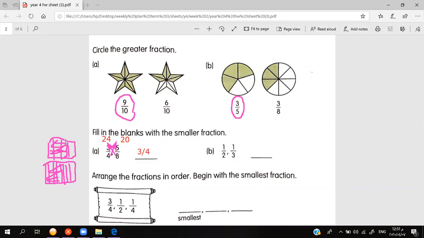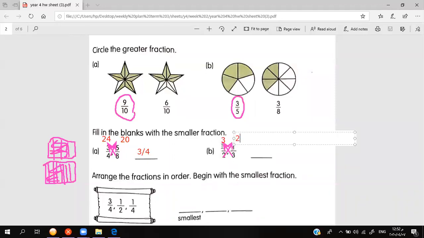Okay, can you see? This is shaded till here, this is shaded till here. Okay, a half or a third? Definitely, with reasoning, a half is bigger. Okay, but if I don't know, I will make like that. 3 times 1, it's a 3, and 2 times 1, it's a 2.